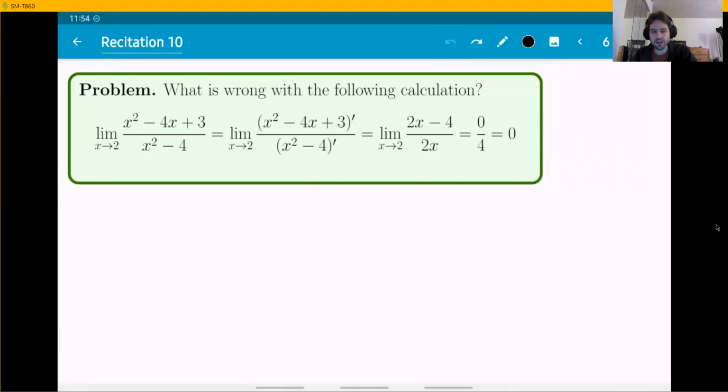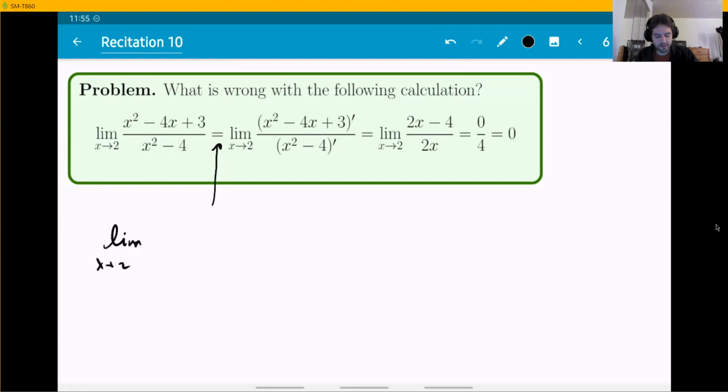But this limit is not actually equal to 0. And there is something wrong. What is wrong? Well, it is right here. You cannot apply L'Hopital to all quotients like the student just did here. You can only do that if the original limit was an indeterminate form, 0 over 0 or infinity over infinity. So what is actually wrong?